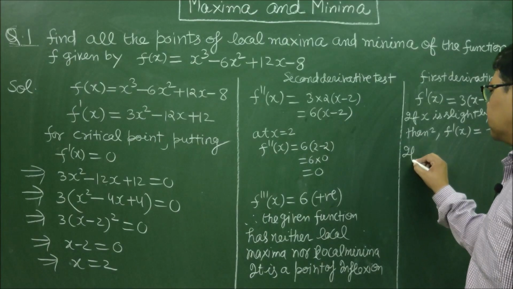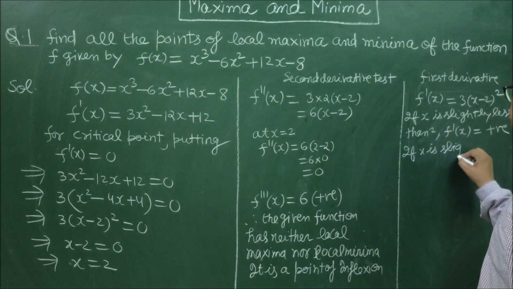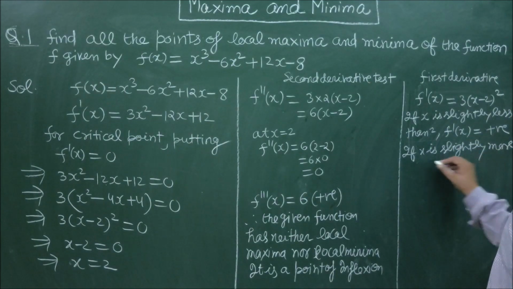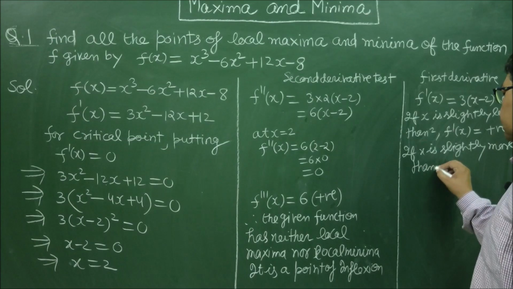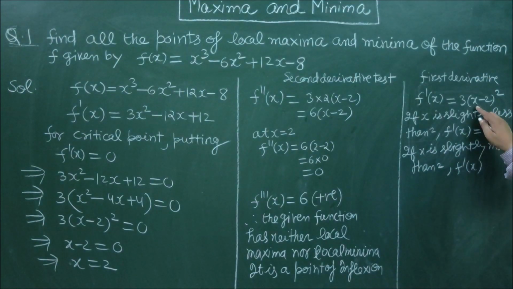Now if x is slightly more than 2, in that case, again, as the sign of f dash x, because this is a square, if I take for example 2.1, it is always positive, whether we put in the value as negative or positive.